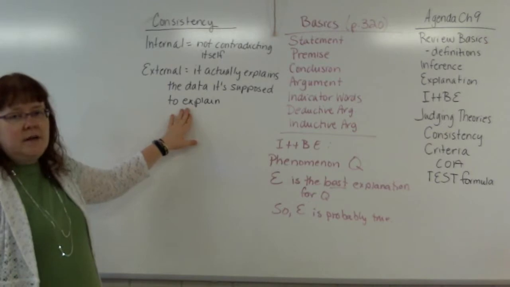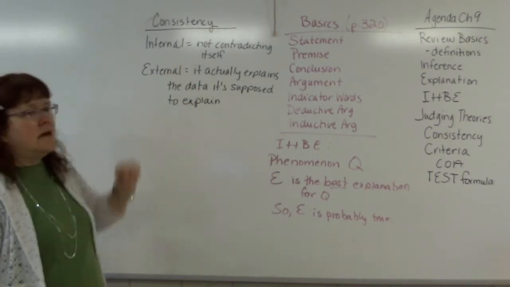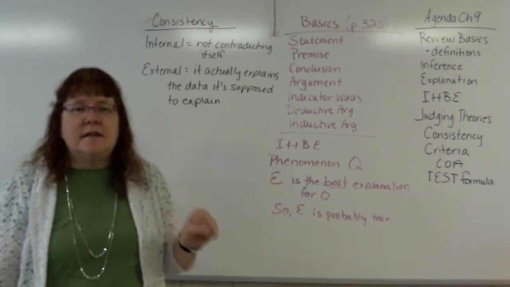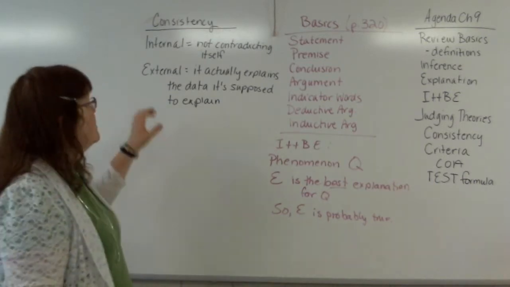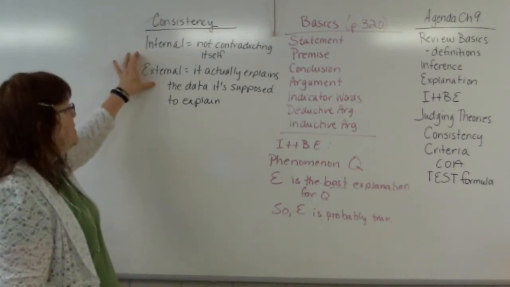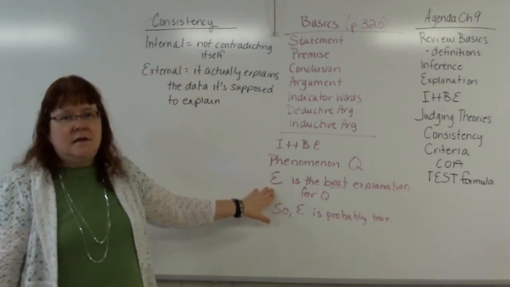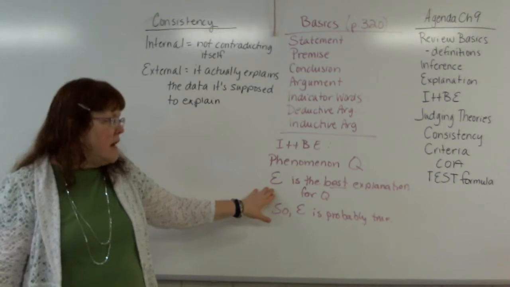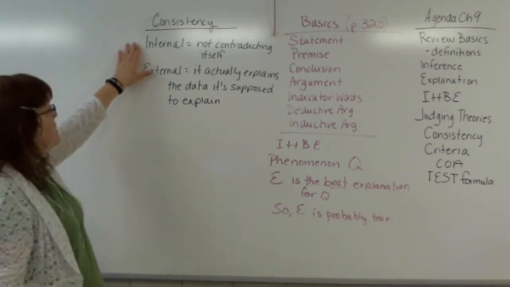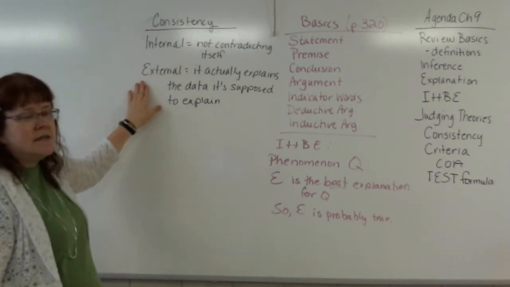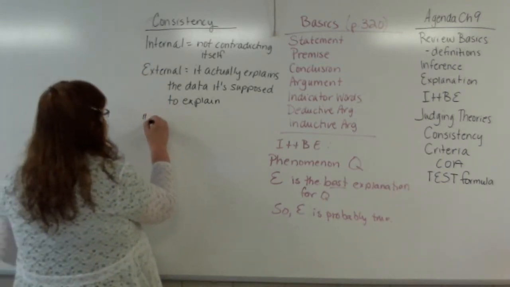If we have a theory that contradicts itself, but it actually explains the data it's supposed to, we still have to discard it. It has to be true for both of these before we can even put it in the running to be the best explanation. So once it's been shown to be internally and externally consistent, then it's eligible.